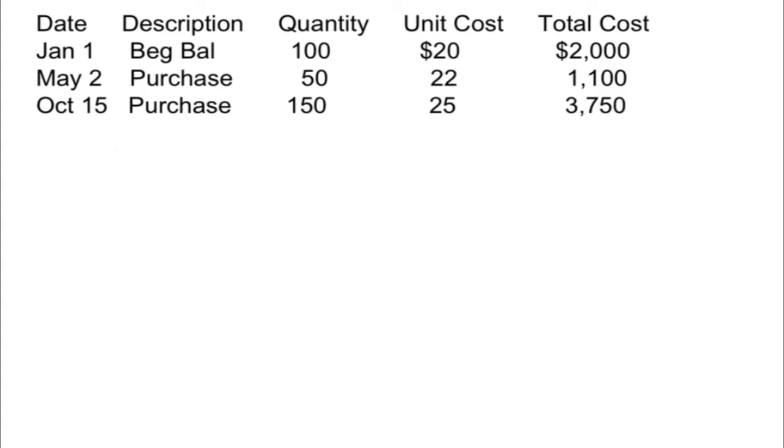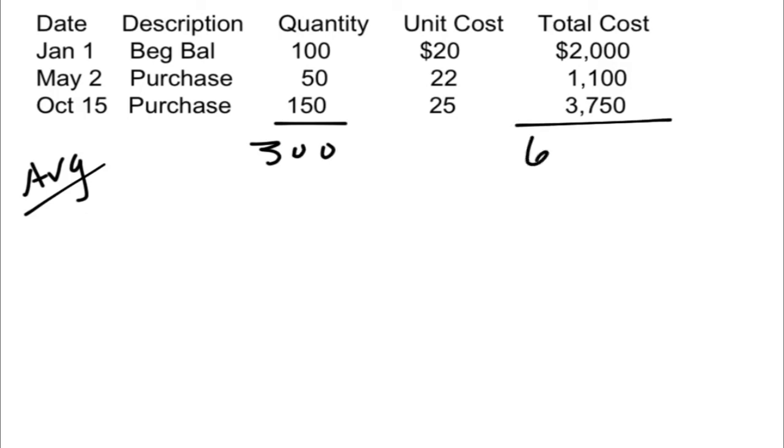Let's look at the average method. All right, the average is going to be in between LIFO and FIFO because it takes the average of all the costs. So we need to get an average cost for our total inventory. Again, remember this was 300 units and this was $6,850.